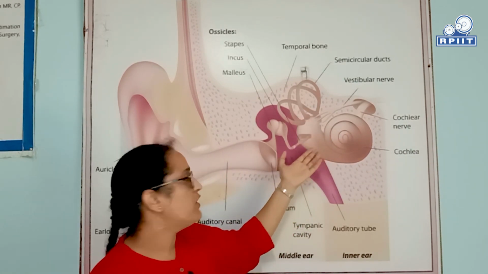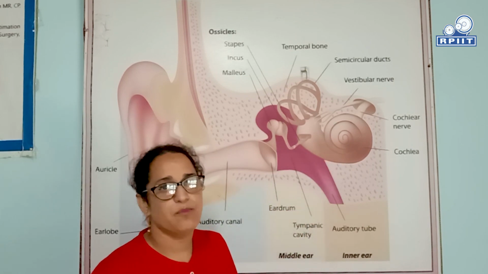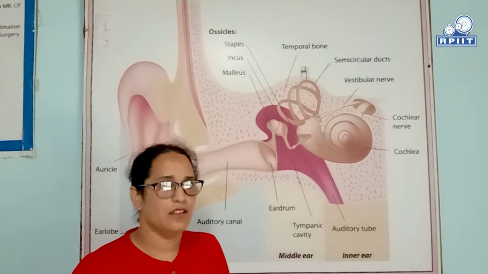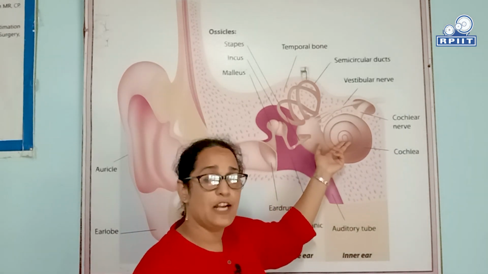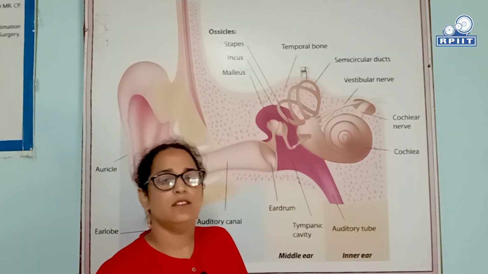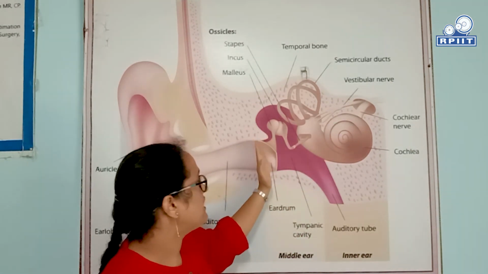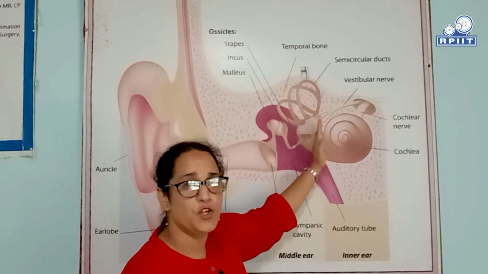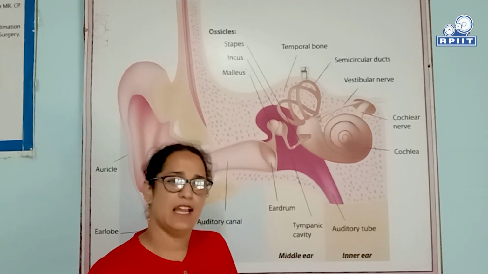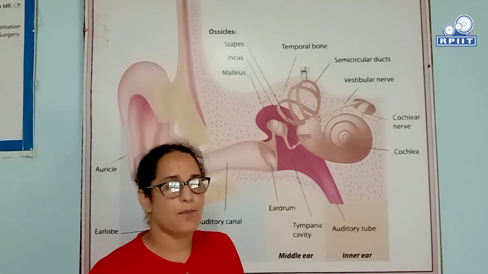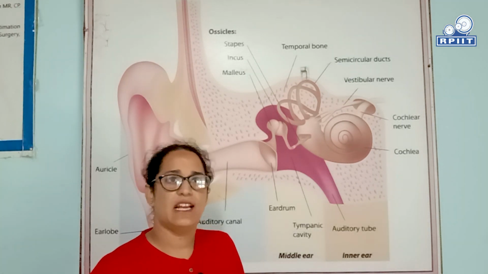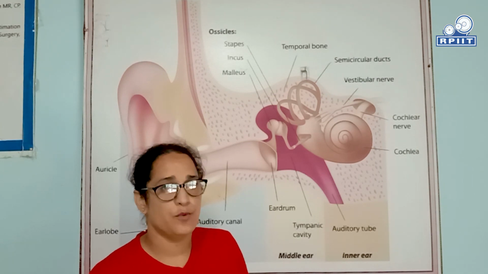In the inner ear, there are scala tympani, scala media and scala vestibuli. Scala media is filled with endolymph, whereas scala tympani and scala vestibuli are filled with perilymph. Due to the conversion of the sound wave into a fluid wave, most of that fluid wave is transmitted towards the endolymph in the scala media, and the rest is transmitted in the perilymph of scala tympani and scala vestibuli.